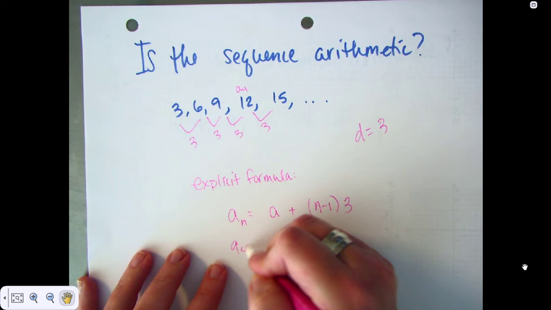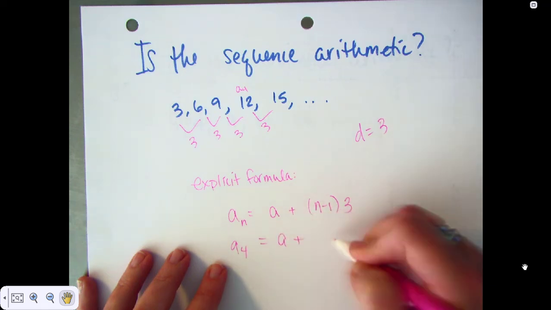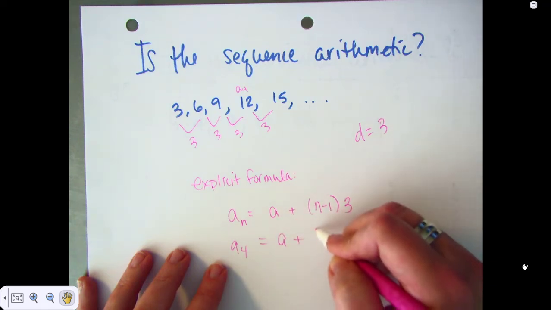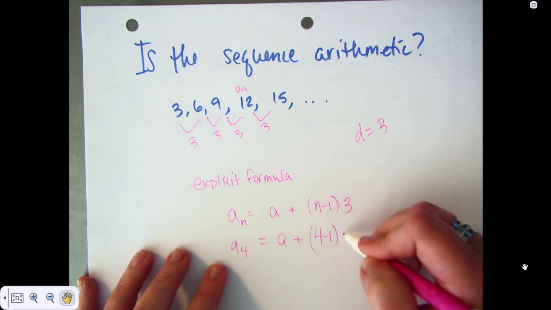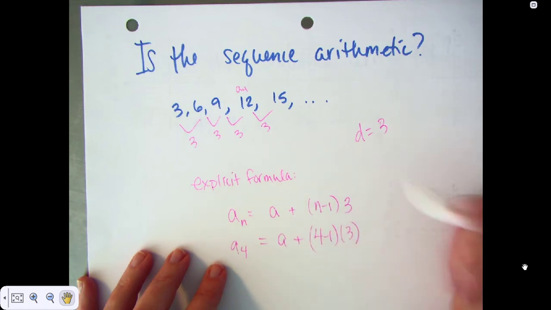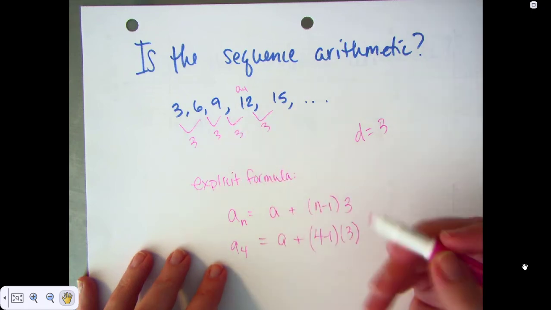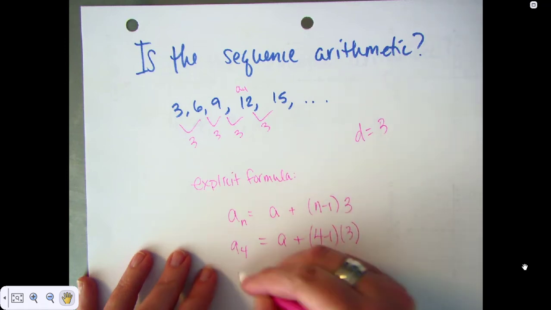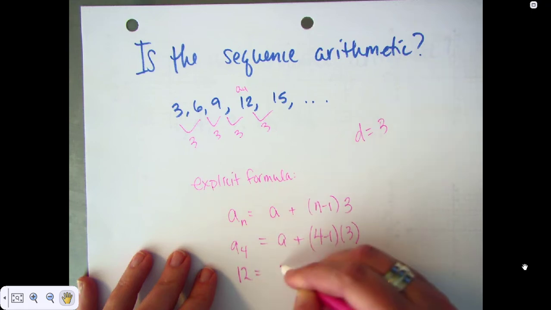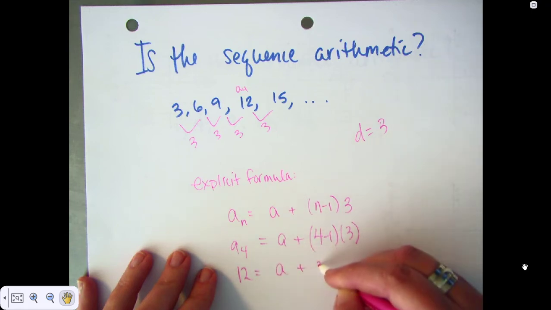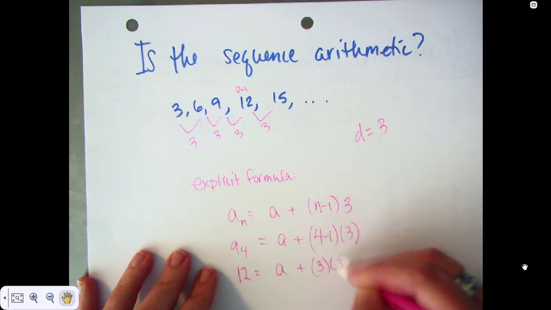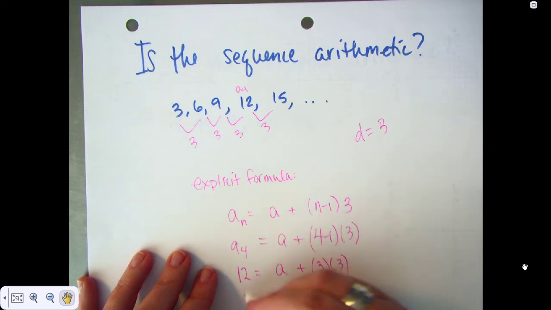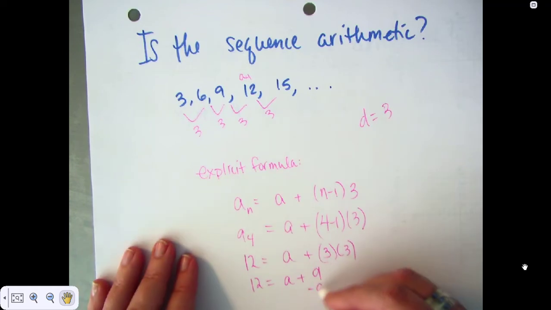So a sub 4 is going to equal a plus 4 minus 1 times 3. But what is a sub 4? A sub 4 is 12. So I guess I could, well, so a sub 4 is 12. And let's solve for a. Subtract 9, and we get 3.